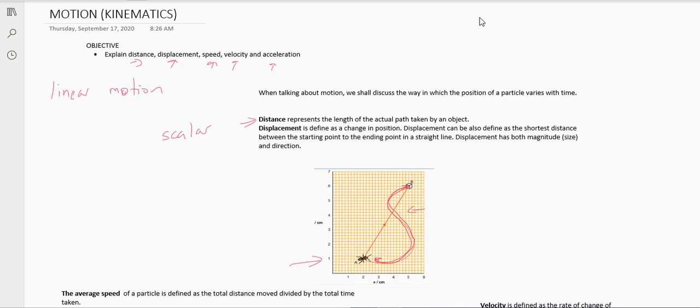As you can see, there's some amount of curvature along the way, so it's hard for us to depict that. Now, to make life a little bit easier, we as physicists have derived another term which is known as displacement. And what displacement really tells us, in general, is a change in position.